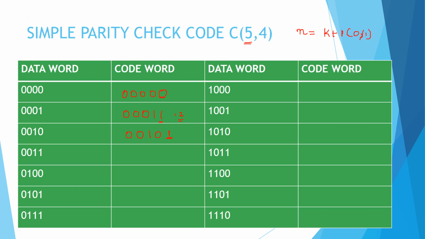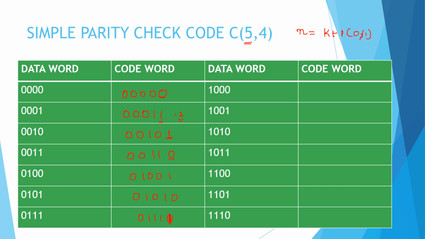Similarly 0011, I add 0 so that the number of ones in the code word is 2. Next, 0100, I add 1. 0101, 0. 0111 is the data word and the code word will be 01111, with the extra bit as 1 here.